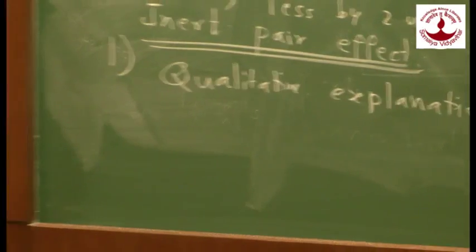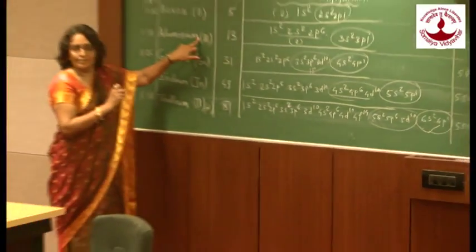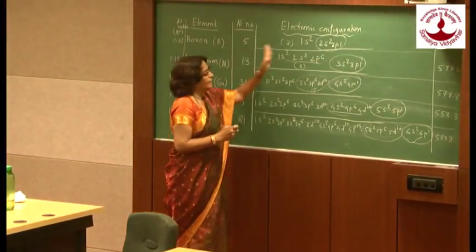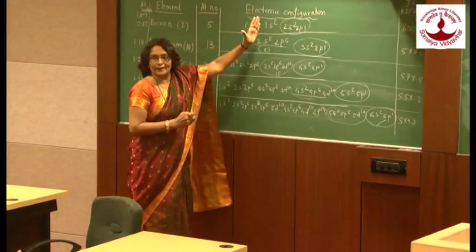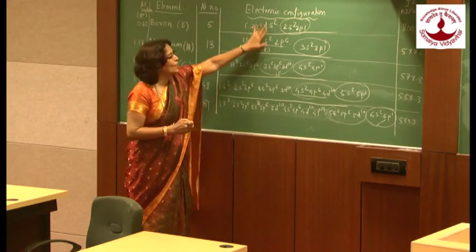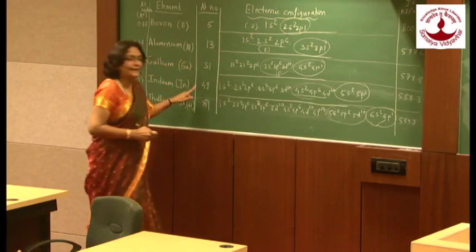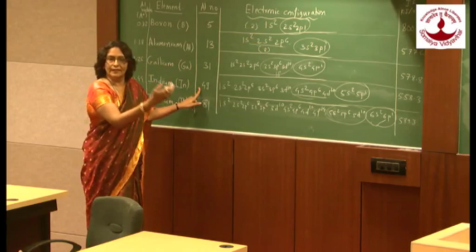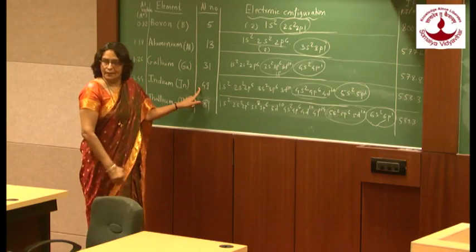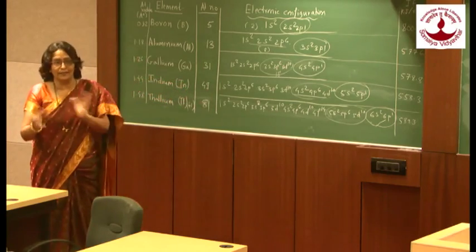Now in the beginning I have told you that for boron and aluminium, before them you have s block elements. Whereas for gallium and indium they have electrons in the d subshell, and for thallium it follows f block elements.